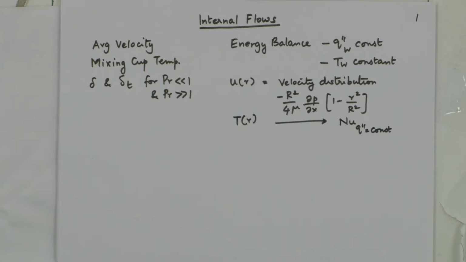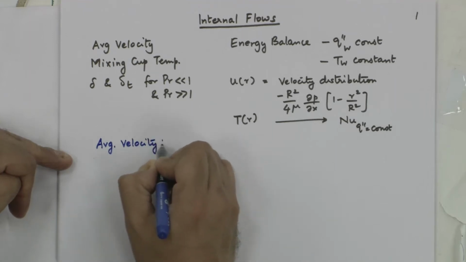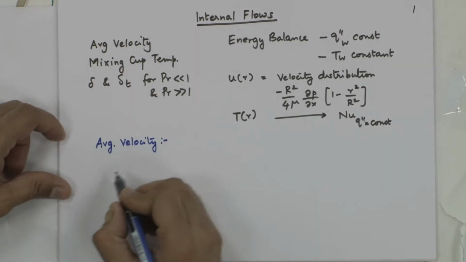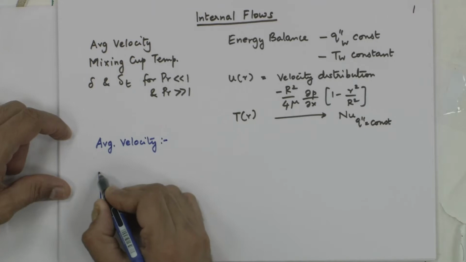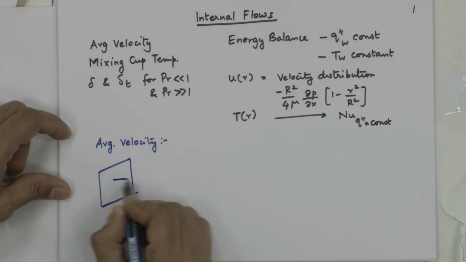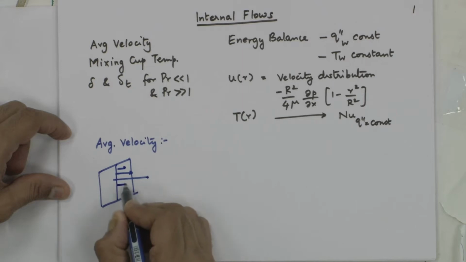So, let us first go through a few definitions, first being average velocity, which is used in fluid mechanics repeatedly. We will just bring it back to memory. So, when you have a geometry, whether it is a circular pipe or any geometry, if I have a cross section which is like this, the velocity is going to vary such that you satisfy the no slip condition at the wall and proceed appropriately.